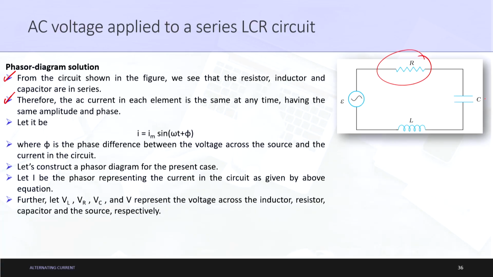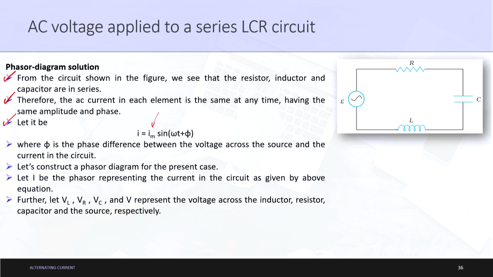The phase of current may be different from voltage, but the phase of every current which passes through a series device will always be the same. That is why it says that the AC current in each element is the same at any time, having the same amplitude and phase. So, let that current be I = Im sin(ωt + φ).